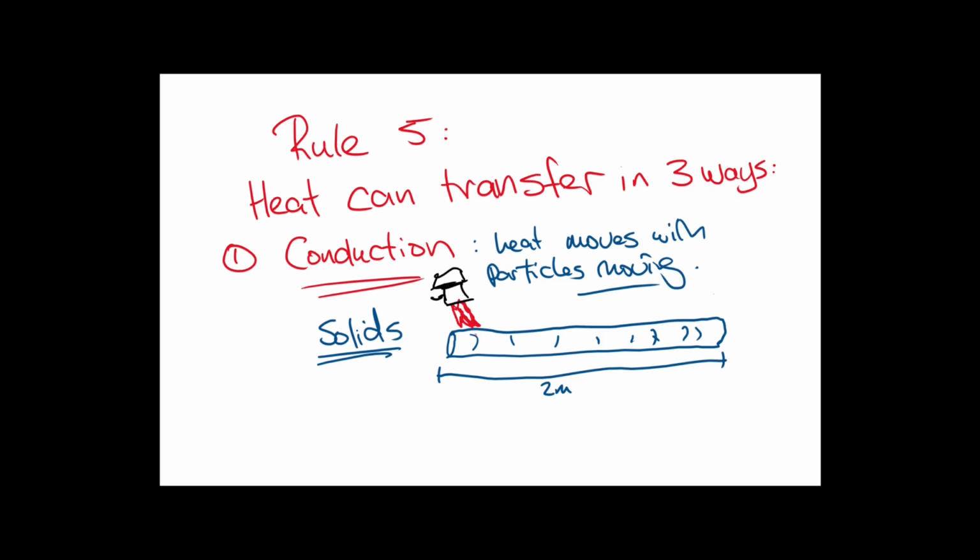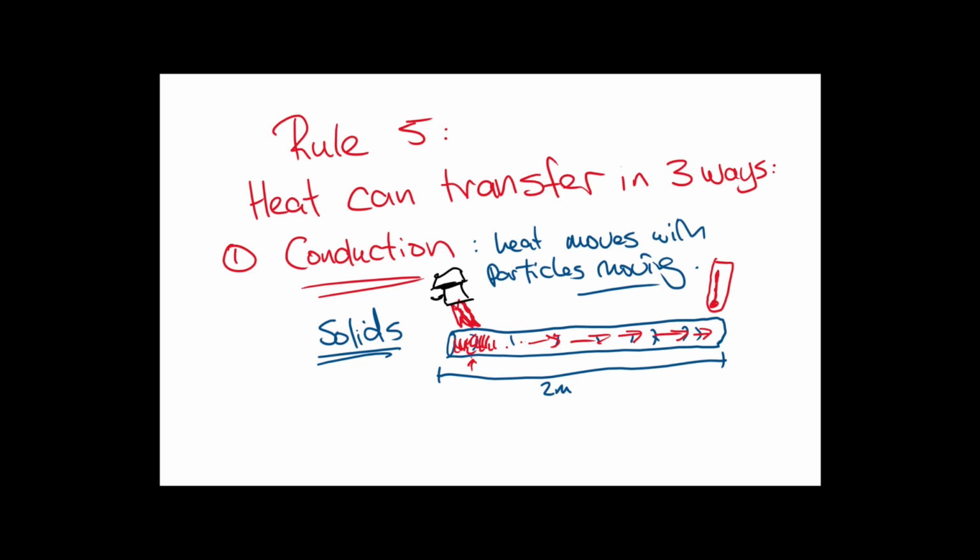This end here is going to heat up first, and this heat is going to gradually move down the bar. So it may be some time before that end, where we have a little thermometer, is as hot as this end. And it will just heat up until it melts. In fact, probably this end would melt first, because this end is going to get hotter faster. So heat moves through solids through conduction.